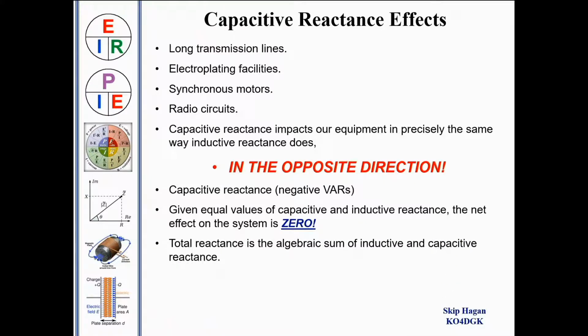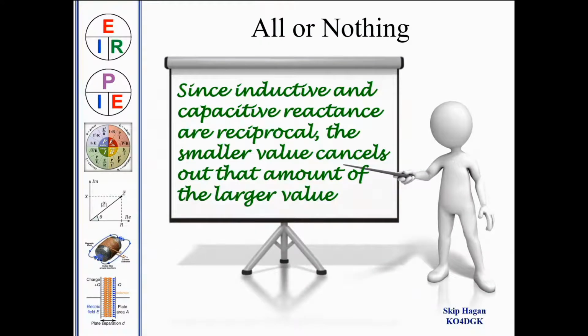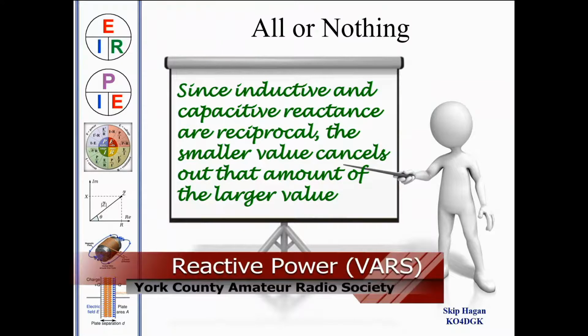Total reactance is going to be the algebraic sum of inductive and capacitive reactance. Since inductive reactance is positive and capacitive reactance is negative, what we'll do is subtract the smaller value from the larger value to wind up with a net reactance, either positive or negative. But once again, no power is consumed by reactance. This is what I just said.